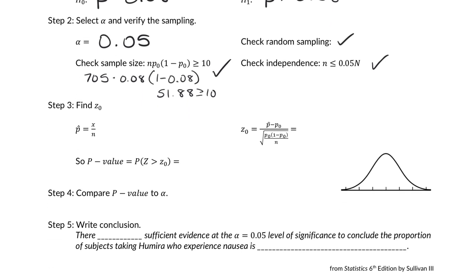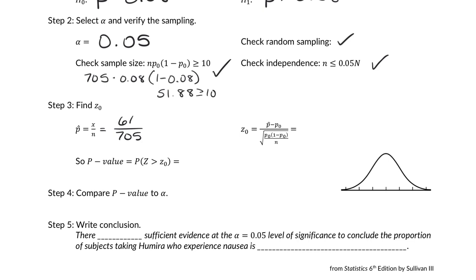Now we go into the calculations. We're going to find our test statistic Z naught. We need to find our p hat from the study. So p hat is the number of successes we see out of the population, meaning out of the 705 from my study, how many had nausea? 66.